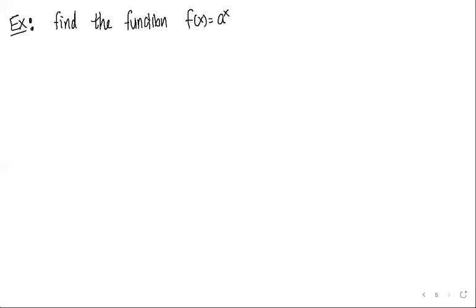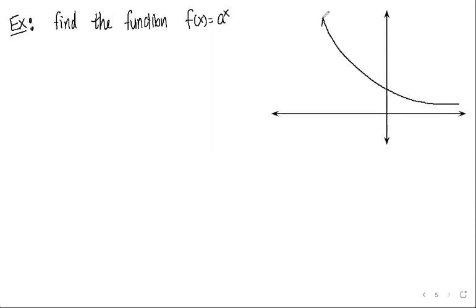But this time they give me a graph like this. And I'm going to do the second one because I left it, and this function is something like this here. And this function passes through the point 3, 1 over 8.